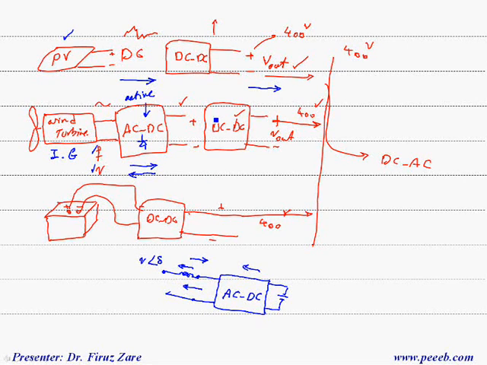So in this case, even instead of this AC-DC based on diode rectifier or DC-DC, we can use an active AC to DC converter. Battery, in this case, we use this power as a backup.